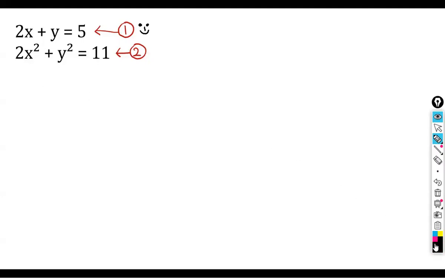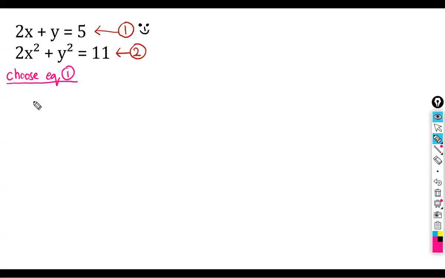So in the exam, you want to let the examiner know, hey, you chose the easier equation, which is equation 1. So write a little statement like this. Choose equation 1. Now, equation 1 will not always be the simpler equation, right? If equation 2 was the easier looking equation, you say choose equation 2.